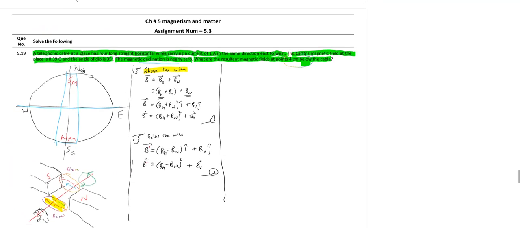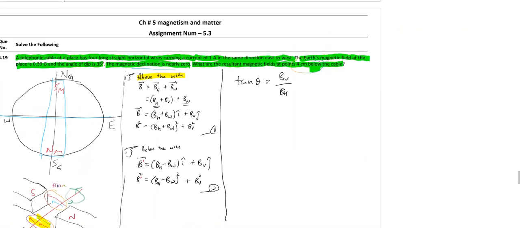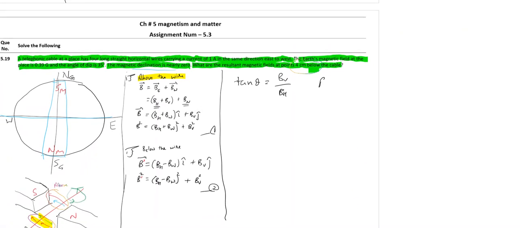Now the question is, how do we find out BH, BV, BW? We know that tan theta, dip angle tan theta is opposite by adjacent. Here we are told that B, Earth's field, is 0.39 Gauss, and we have one more formula.